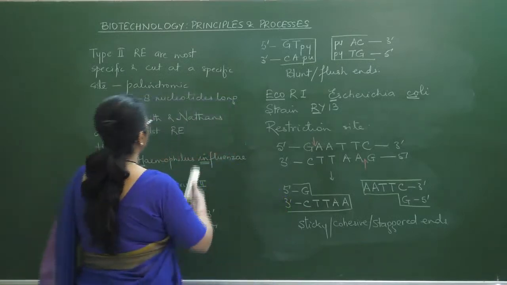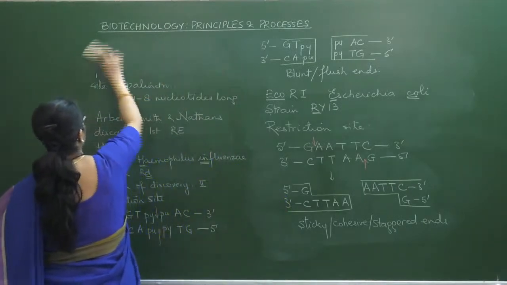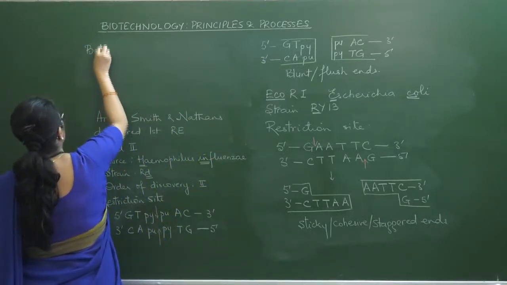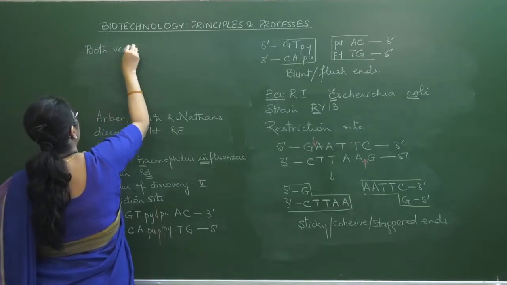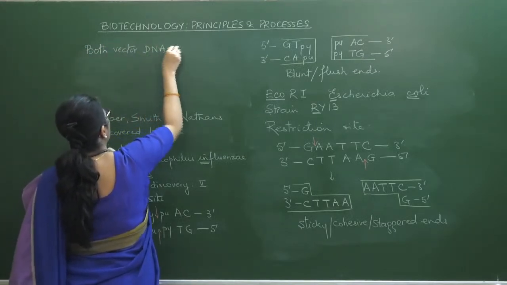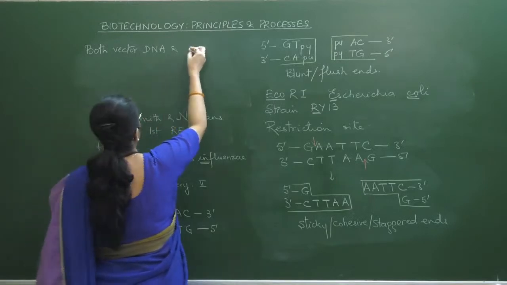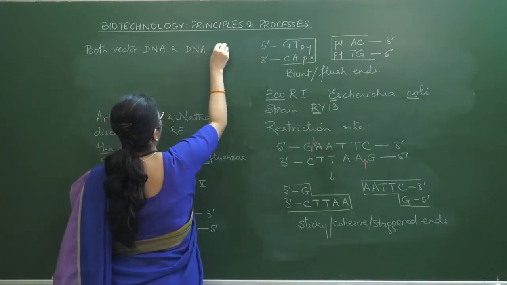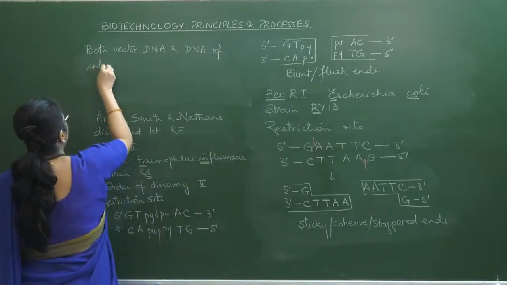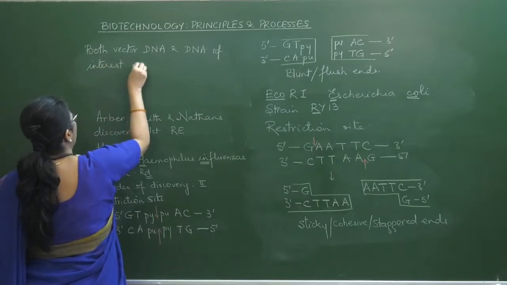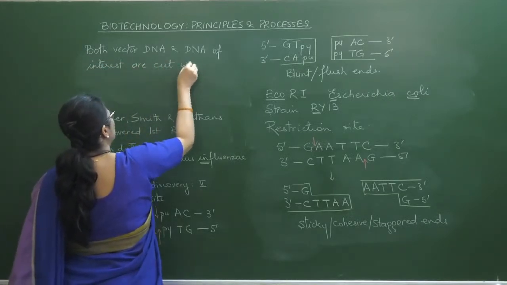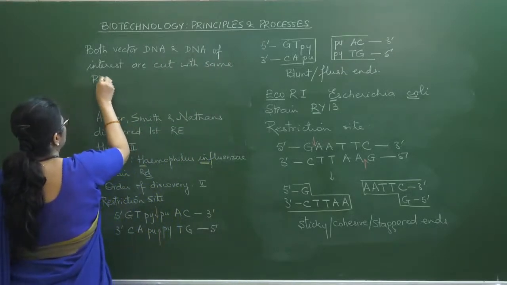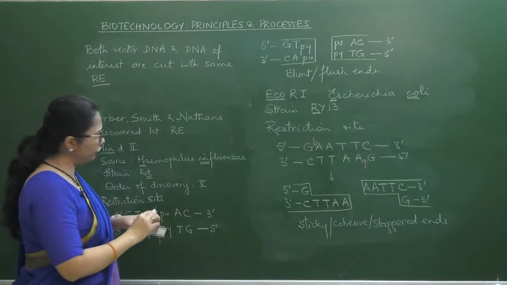So here we can just mention that both vector DNA and gene of interest are cut with the same restriction endonuclease to get the same type of sticky ends.